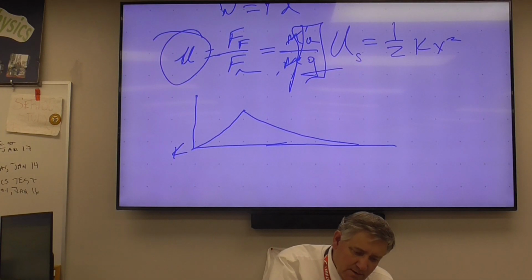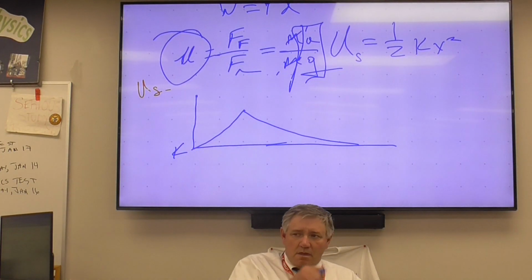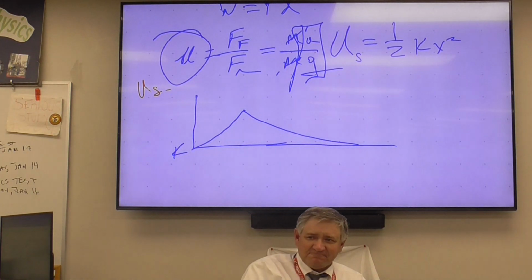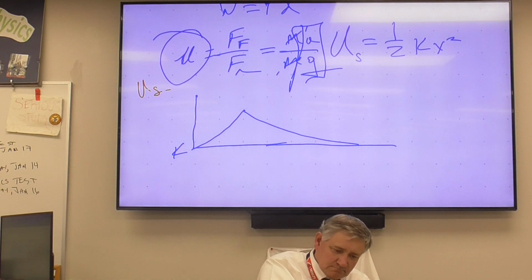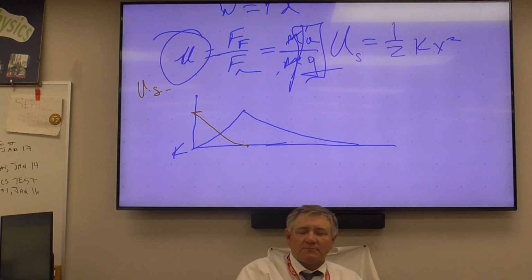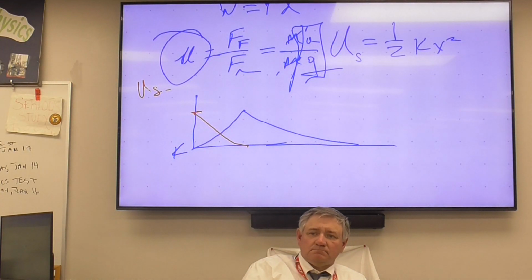What would the energy stored in the spring graph do? It's going to start high, it's going to go down. Right. But is it going to go back up? No. Why not?